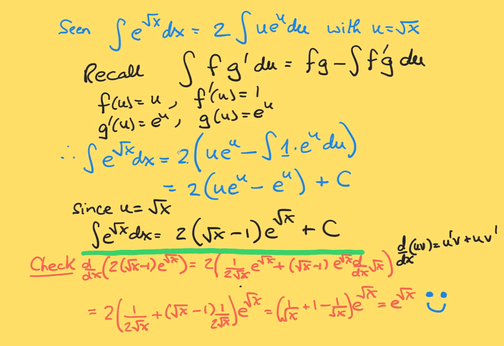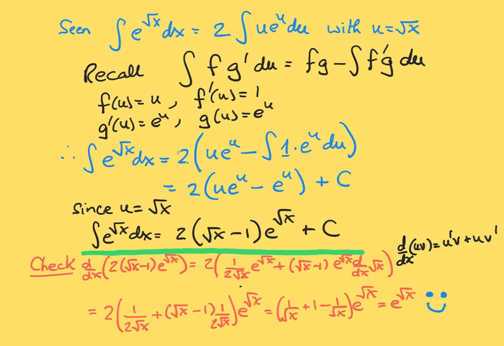Now, for the derivative of e to the root x, we've got to use the chain rule. So it's e to the root x times the derivative of the argument root x. We use the chain rule to work this out, so it's going to give us a half, 1 over root x, this factor again.